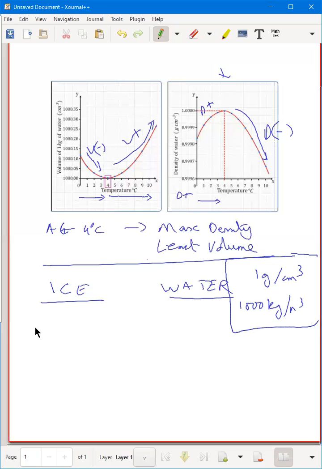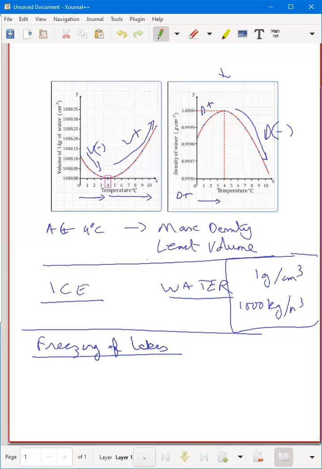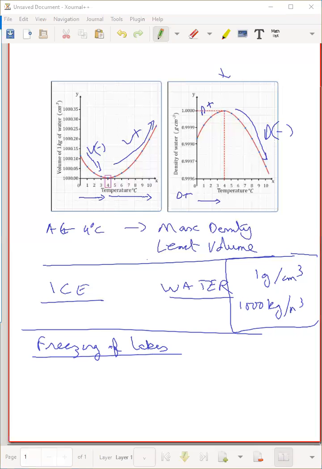Where is this example used? One important example of this in nature is the freezing of lakes. You must have seen in a lot of movies that people walk on the lakes and dig a hole and there is water underneath. Can anybody try to explain why this happens?